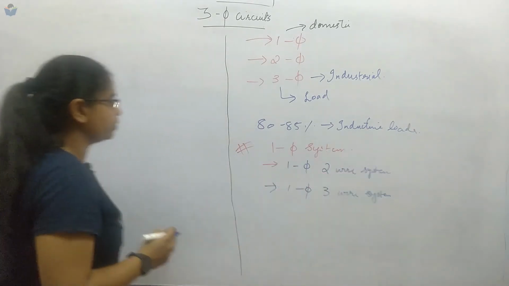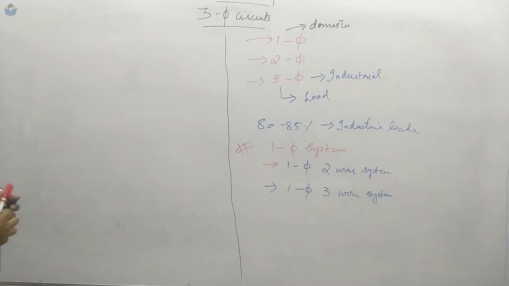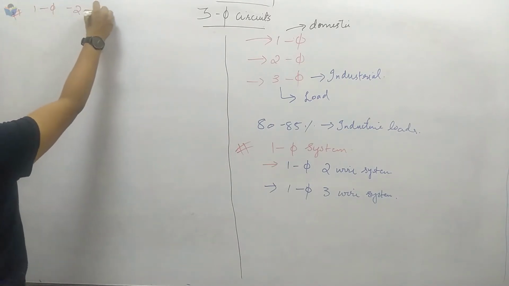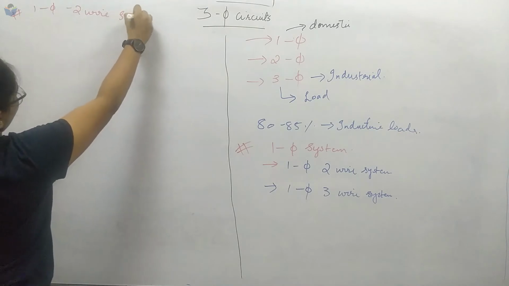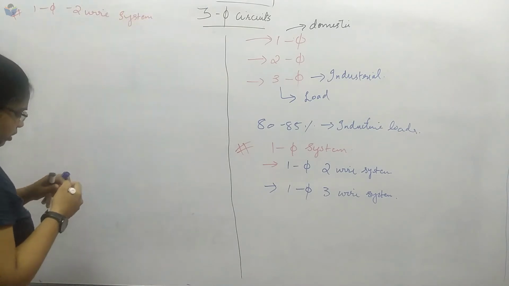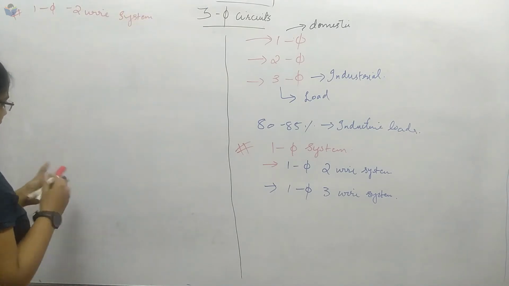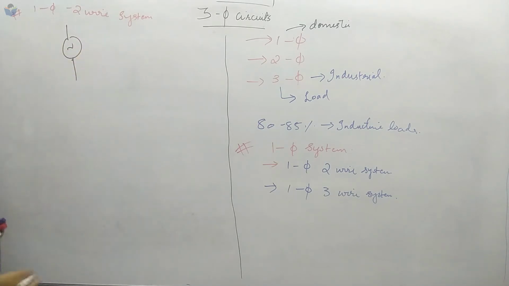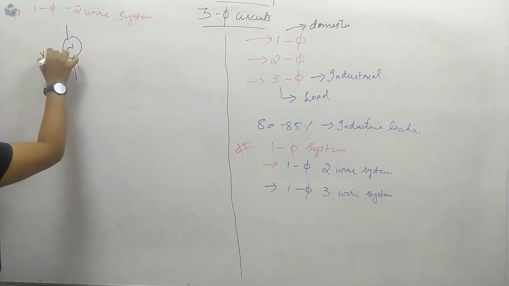So how? We will see the first one. What is the first one? We have the single phase two-wire system. We have already seen this in solving network problems, right? So it will look the same. Here we will have a supply, this is V angle 0 degree.